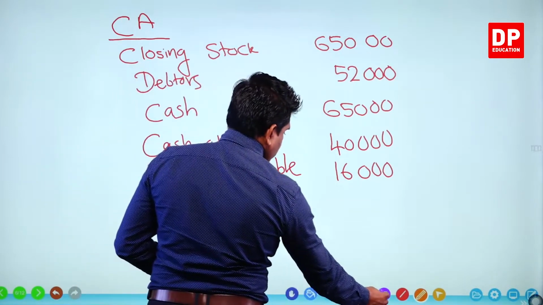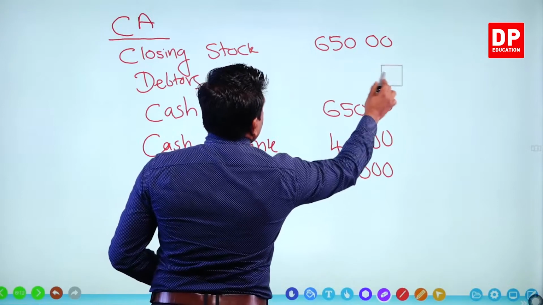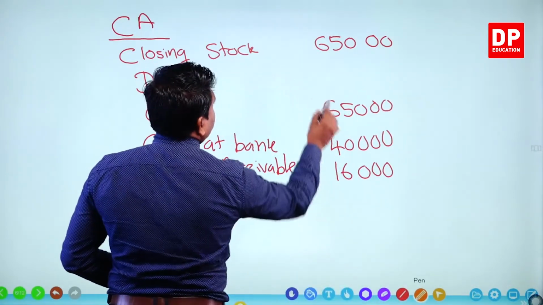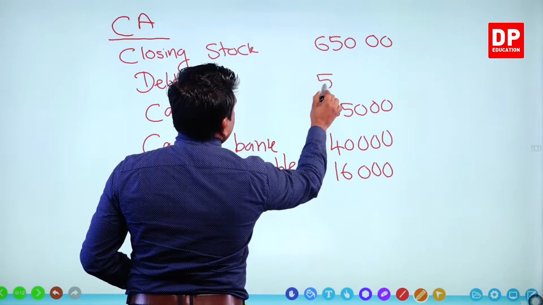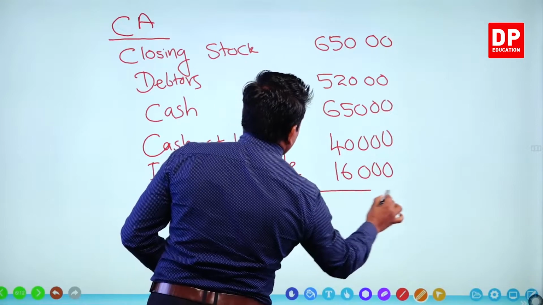We can erase here 52,000. Why? We write it again. 52,000. Then you can get the total.